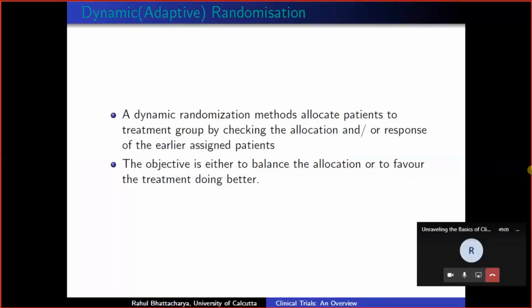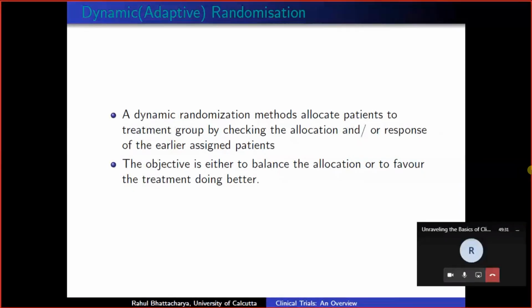So next one is dynamic randomization. Dynamic randomization is something different from permuted block design or simple randomization. Actually, the essence of dynamic randomization is to utilize and analyze the available data. So the idea is that at some point of time in a clinical trial, you find that some treatment is doing better.